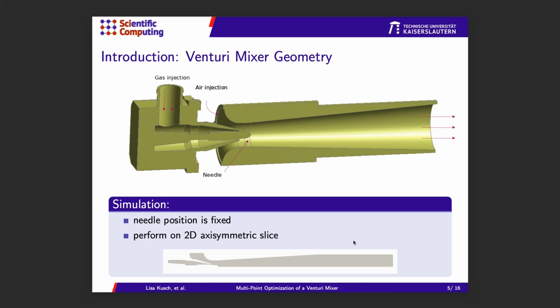And then what we also have, so it enters through here, to adjust this is a needle that can be adjusted right here. And for our simulations, this needle position will be fixed. And furthermore, what makes the problem also more efficient is that we can solve this using a 2D axisymmetric slice of this geometry.